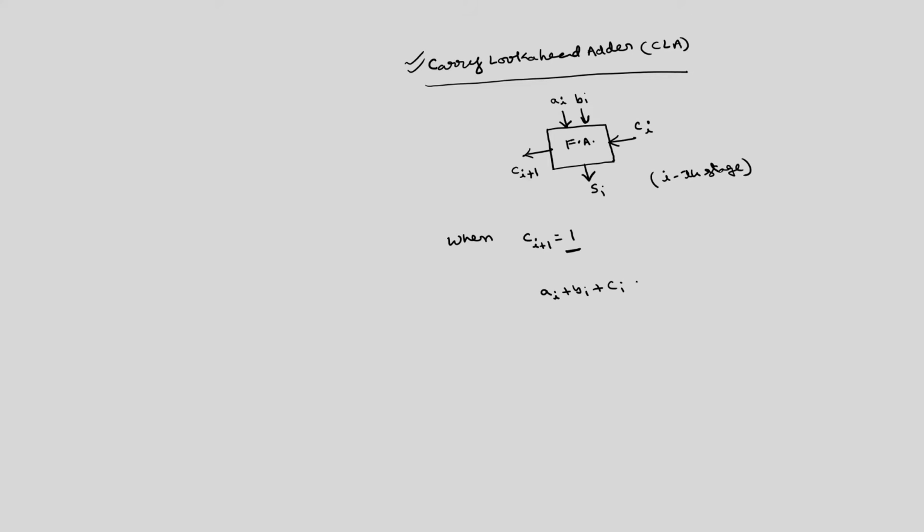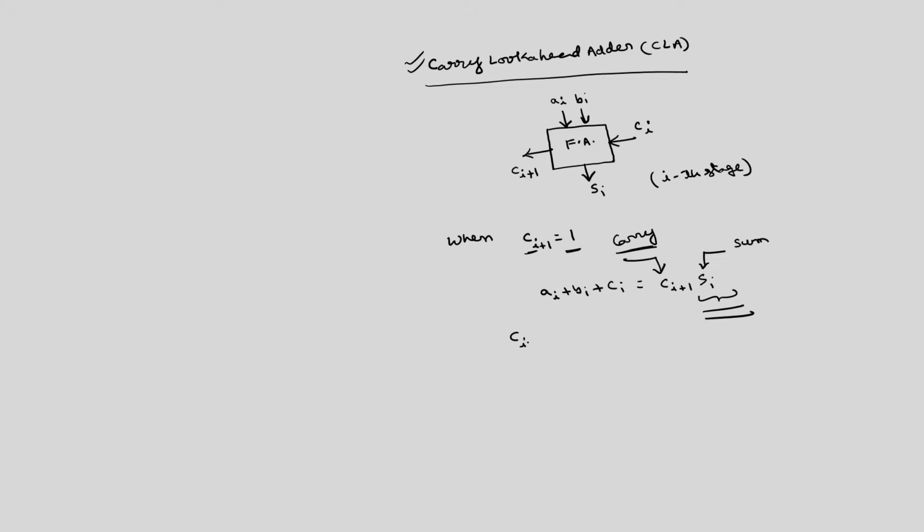This will give a 2 bit result, sum and carry: Ci plus 1 is the carry bit and Si is the sum bit. We are not interested in the sum bit, let us forget about it. So, when will this carry bit Ci plus 1 be 1? What are the conditions for the carry bit to be 1?